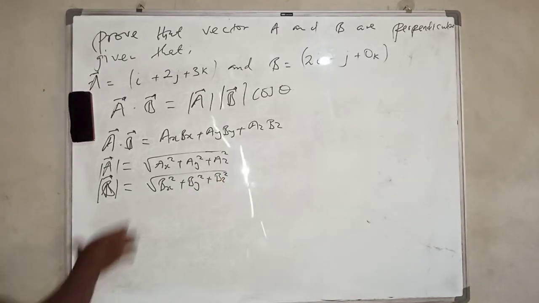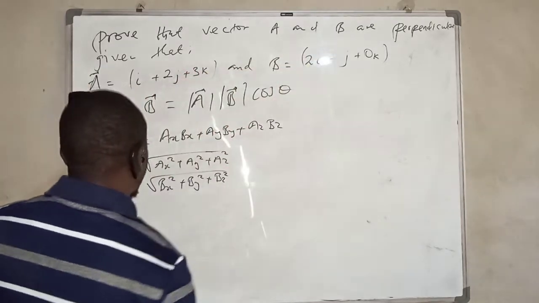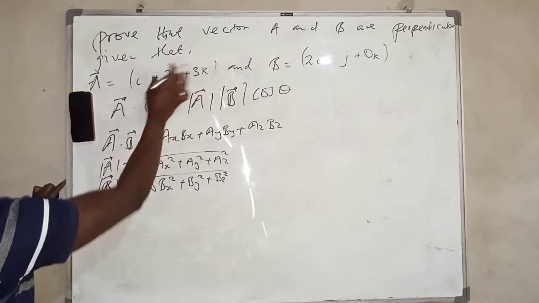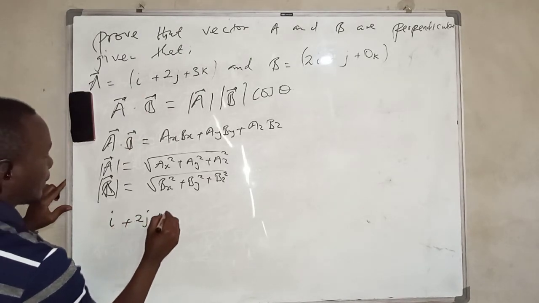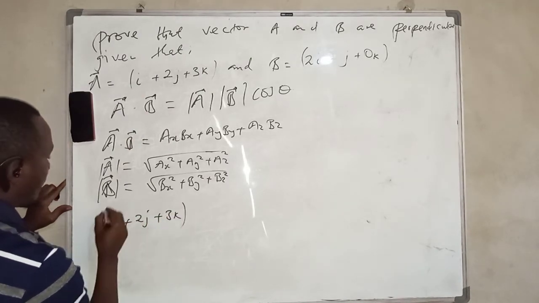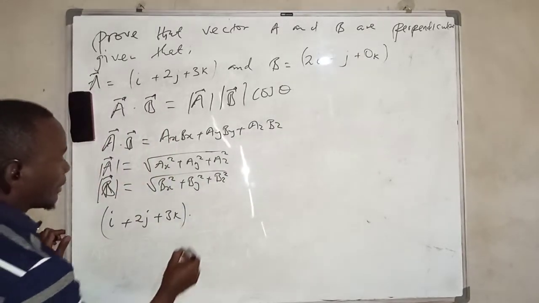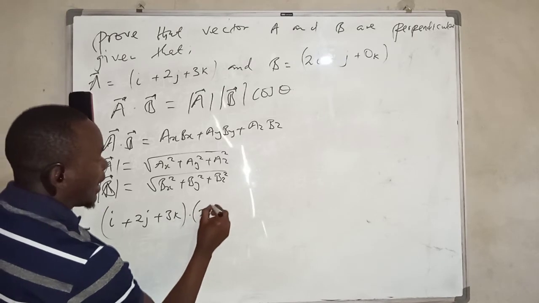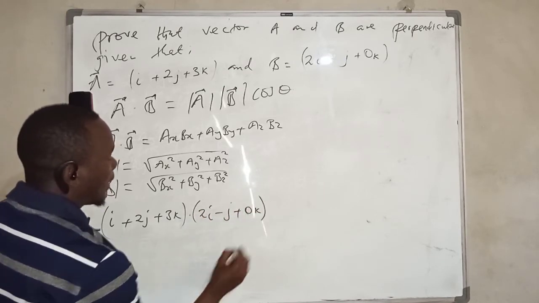So now, if we come to A dot B, dotting this and this one, we are going to have i plus 2j plus 3k dot, that is the B, so 2i minus j plus 0k.